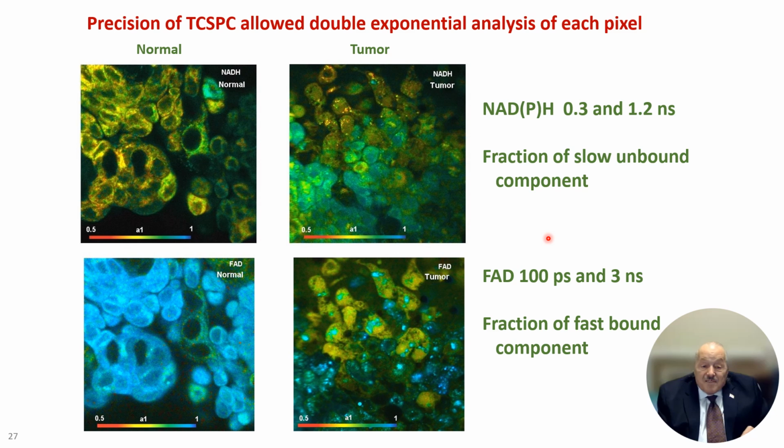And in the case of the NADH, they put the fraction of the fast component, and that was higher in the normal cell than in the tumor cell. So you can see there's a lot of information that you can get from a lifetime image that you could never see from a white light image or even from just a steady state image of the sample.